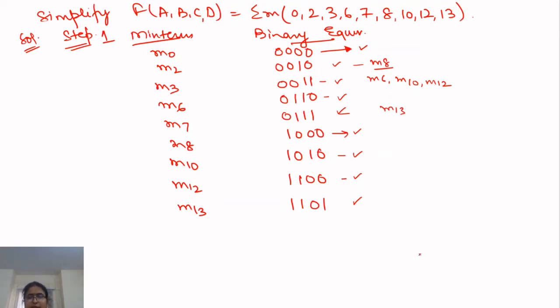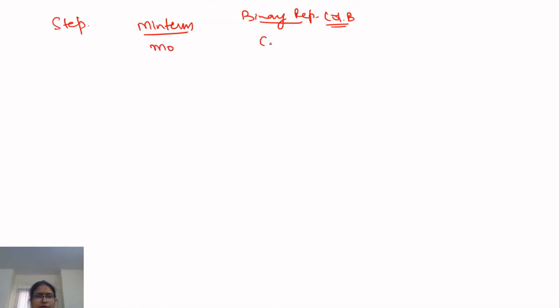This is the first step, this is the second step. So I can write my second step on the next slide. This is step 2. I am writing it like this. Min terms, this is binary representation and my column B. This is M0 with 0.